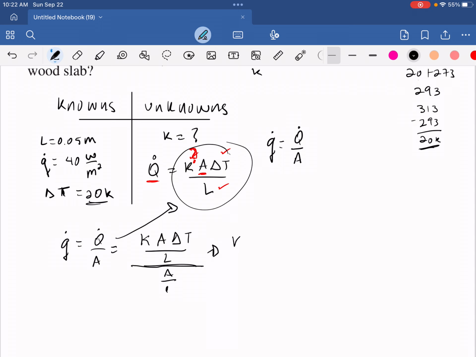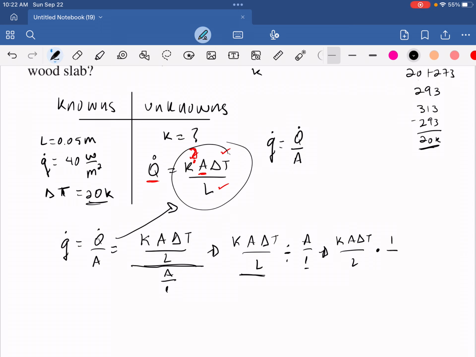Let me simplify this. Thermal conductivity times the area times the change in temperature divided by L, divided by the area over 1. I cannot divide fractions like this, so in order to fix that, I need to convert this division symbol into multiplication and take the reciprocal of A over 1, which is just flipping that fraction over.